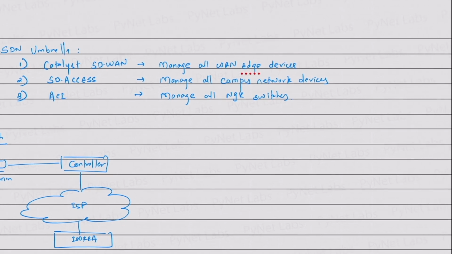And every solution comes with a controller. With SD-WAN, you get vManager, which is now called Manager. SD Access gives you DNA Center or DNAC, and the name is now changed to Catalyst Center.